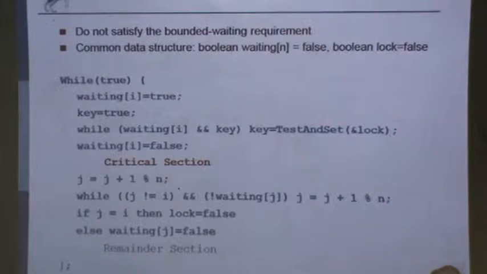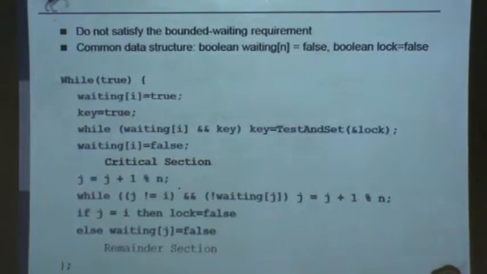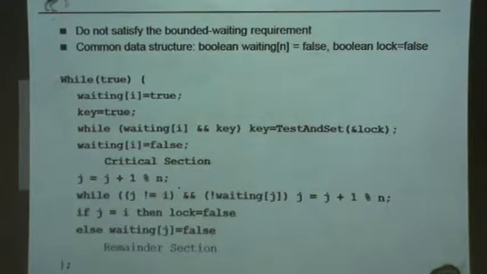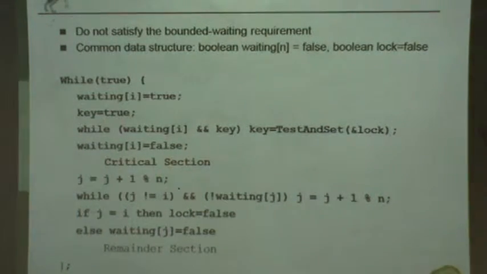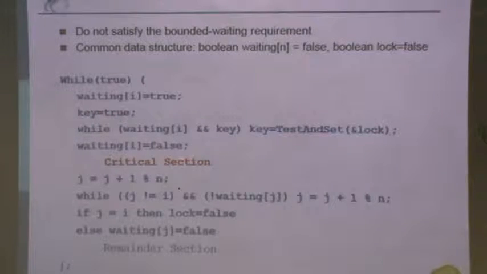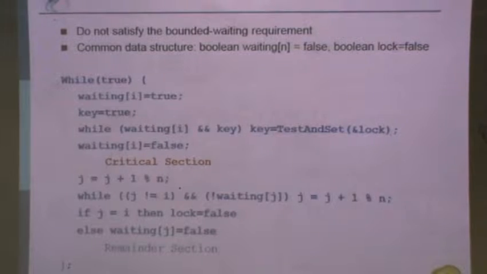To address that problem and preserve progress, we assign another variable, waiting. So key is a local variable in each process, not global. Each process that would like to enter the critical section checks both waiting and key.